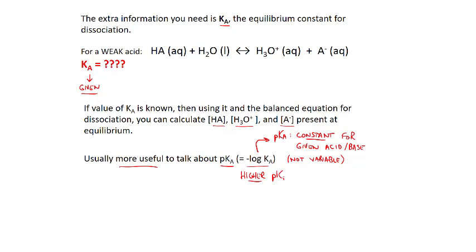A higher pKa implies a weaker acid or stronger base. A lower pKa implies a stronger acid or weaker base.